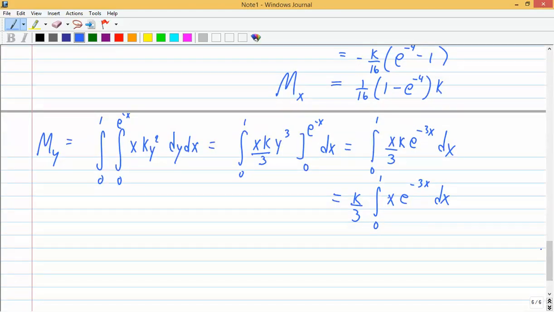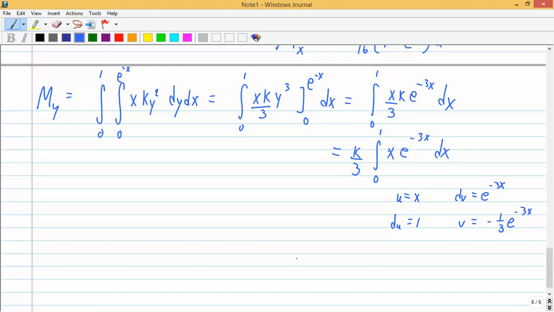So let's see what that would be. So u and dv, let u equal x, let dv equal e to the negative 3x. So du equals 1, so v equals negative 1/3 e to the negative 3x.